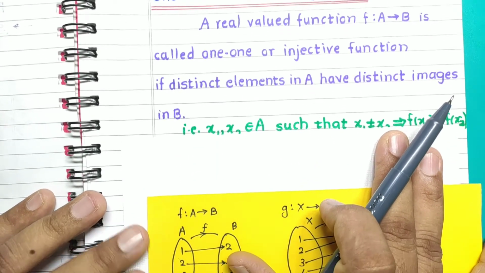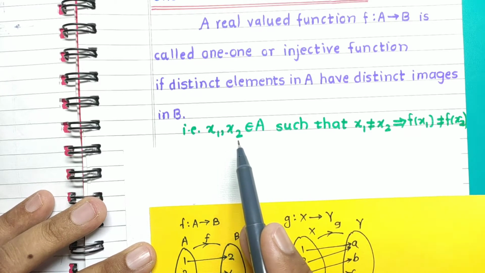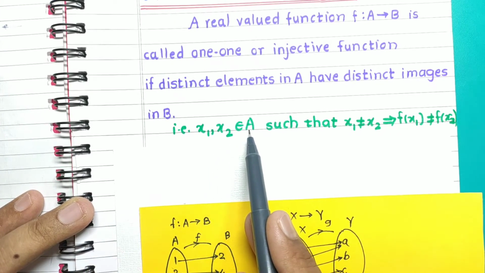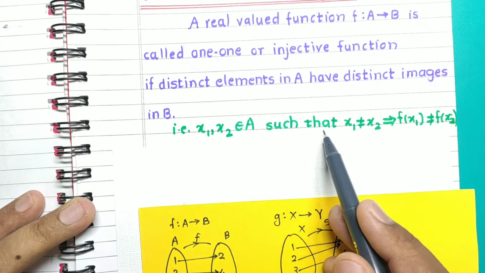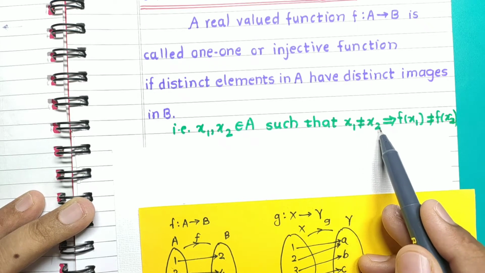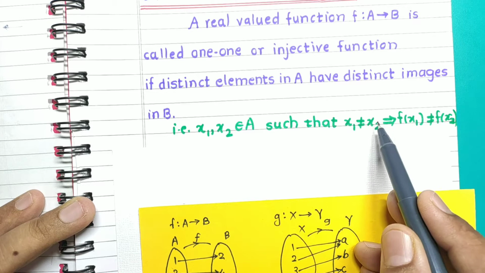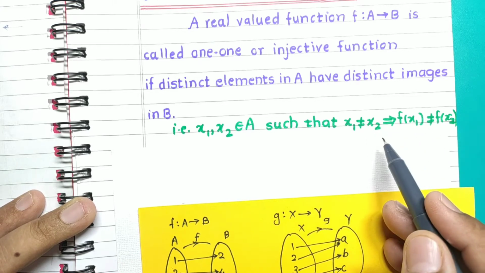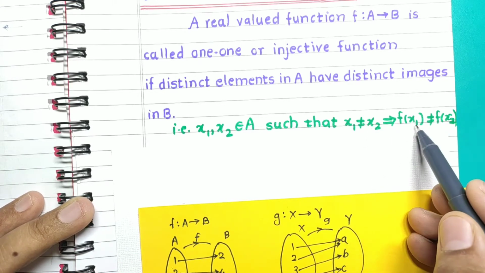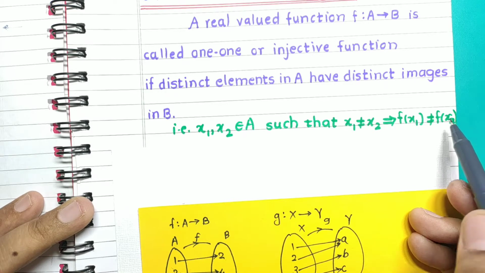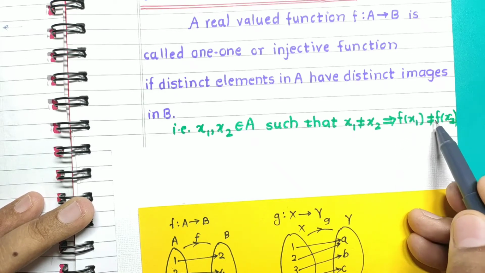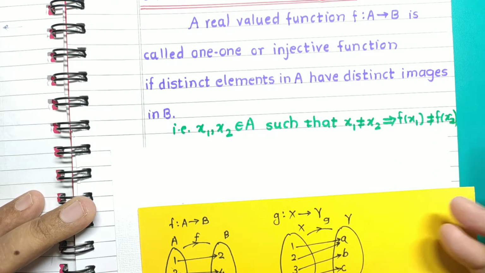That means, see, for x1, x2 belonging to A, that is the domain, such that x1 is not equal to x2, that is, these x1 and x2 are two different elements, that implies their images are different. That means f of x1 is not equal to f of x2.